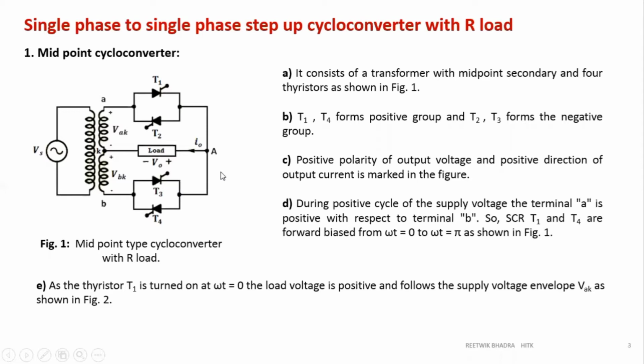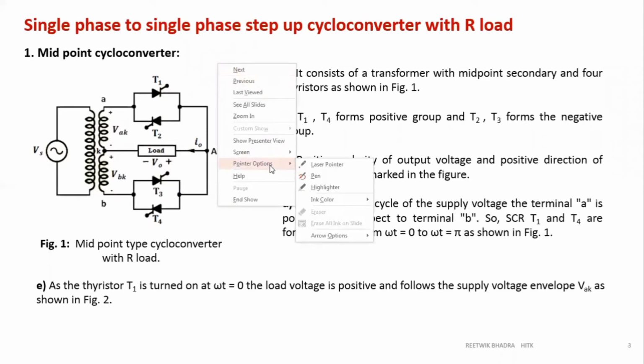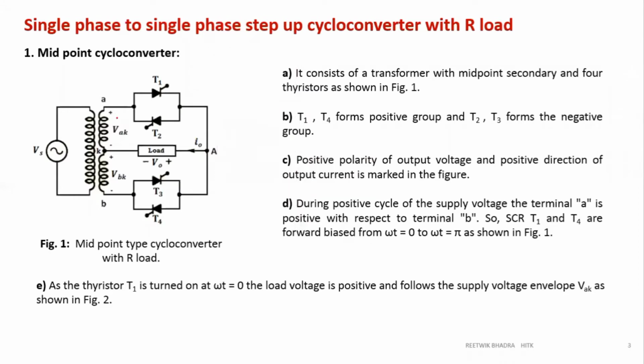Now what happens? During the positive half cycle, this point is positive, this point is negative, right? So this point positive, negative, minus, plus. This polarity which is drawn over here is correct. Now that is what is written over here. You can go through all these points.